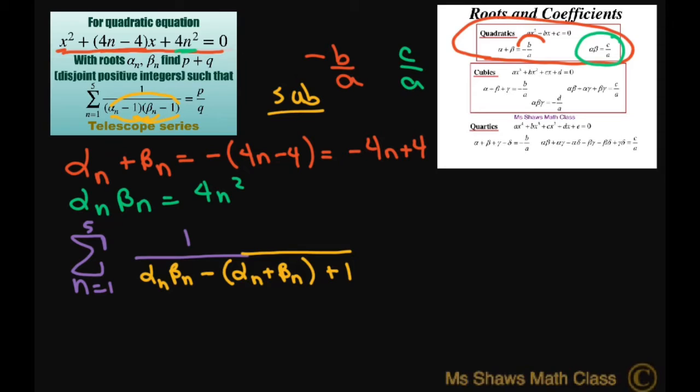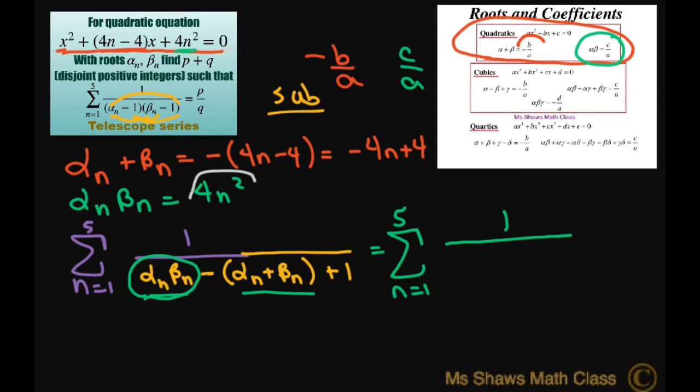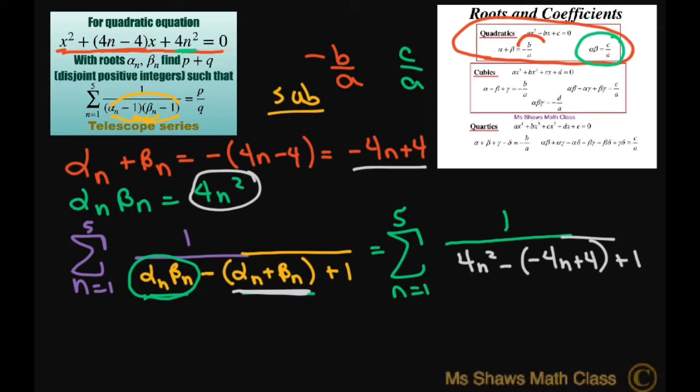All right. Now, let's go ahead and substitute in what we have here. So, basically, we're going to do the sum from n equals 1 to 5 of 1 divided by, now, this right here, using substitution, is 4n squared. So, write 4n squared, and then minus this sum here, which equals negative 4n plus 4, and then plus 1. All right.